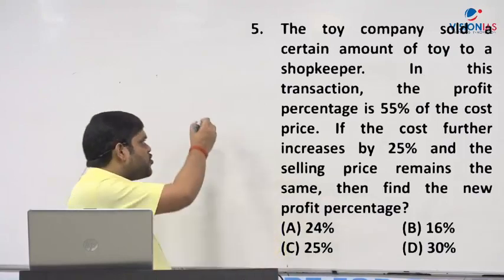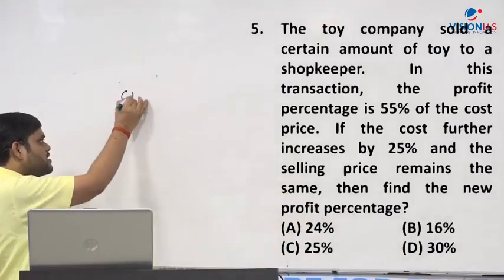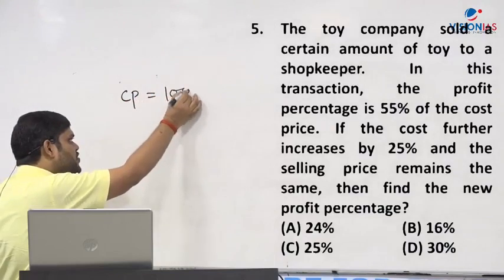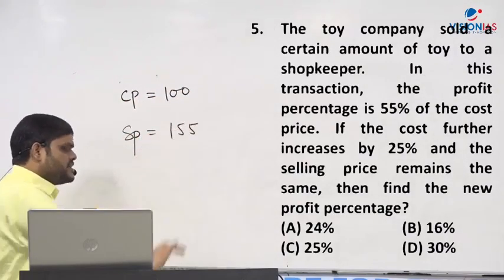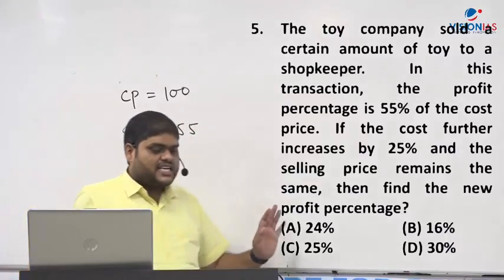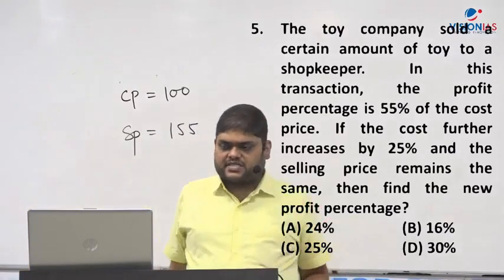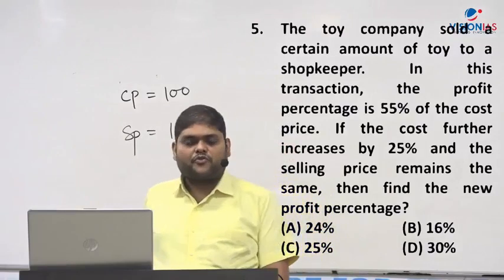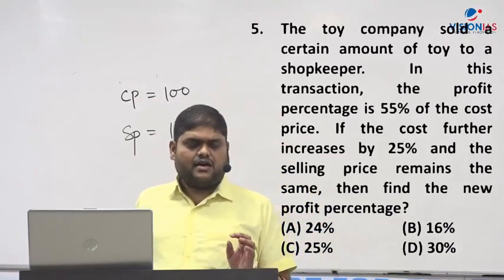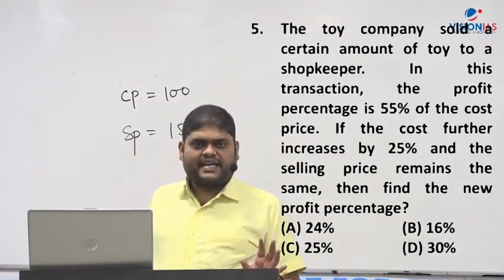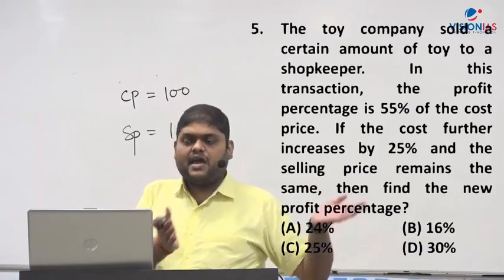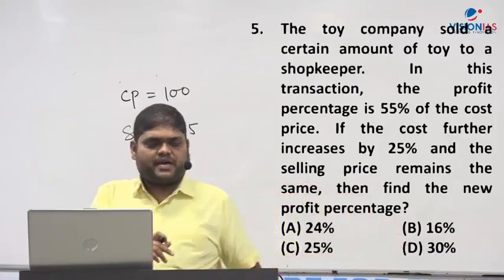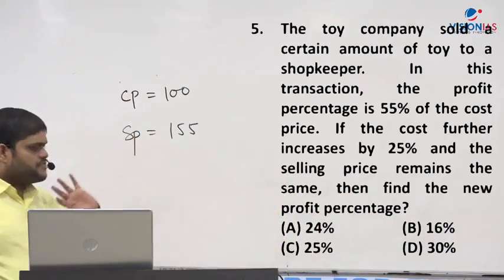So can I assume CP is equal to 100 here? CP is 100. The SP becomes 155 rupees because the profit is 55%. That means the SP will be 55% more than CP, so SP becomes 155.